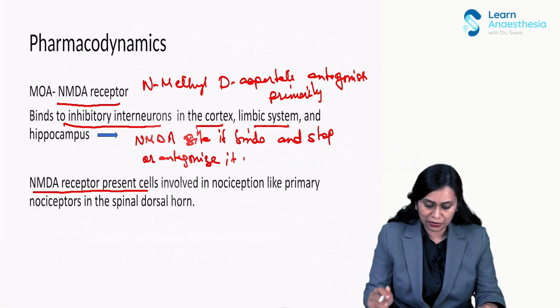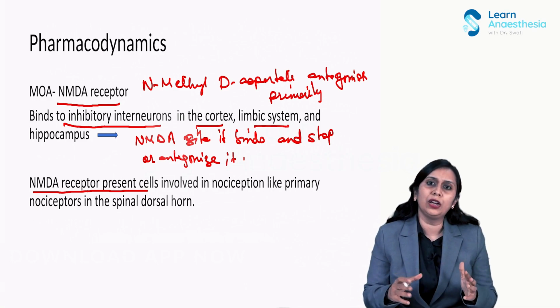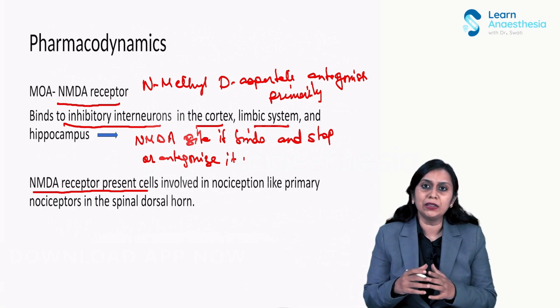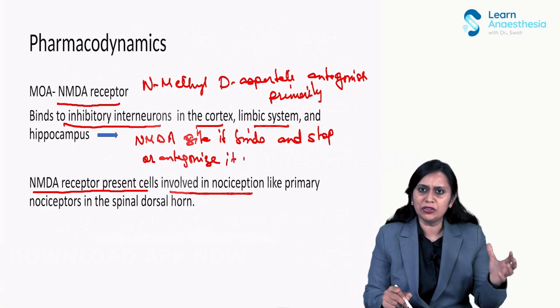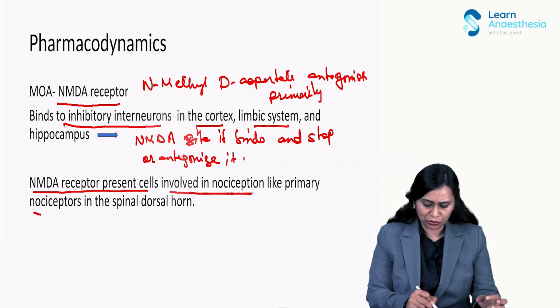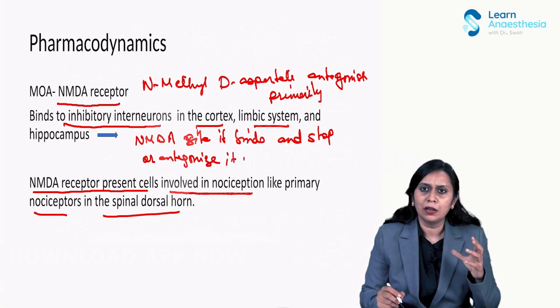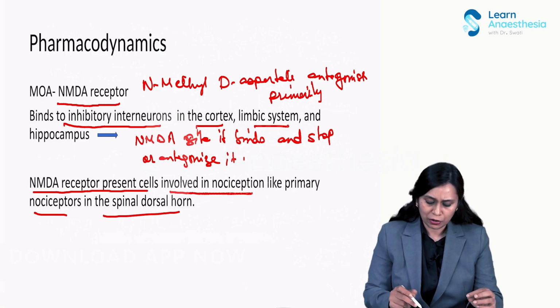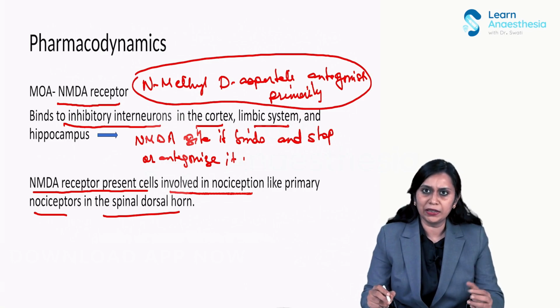You know, the NMDA receptor is present on most of the spinal neurons involved in nociception, right? It is very much involved in nociception, like primary nociceptors of the spinal dorsal horn, etc. So when this receptor is antagonized, we get a very good analgesic effect. So primarily it acts as an N-methyl D-aspartate antagonist.